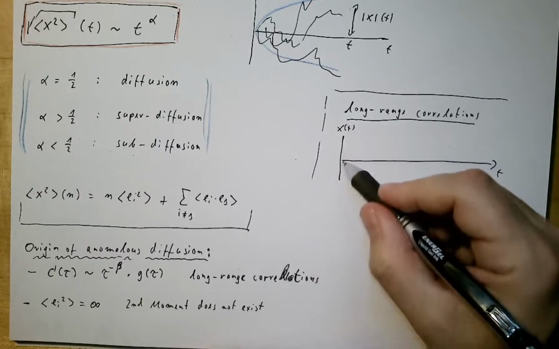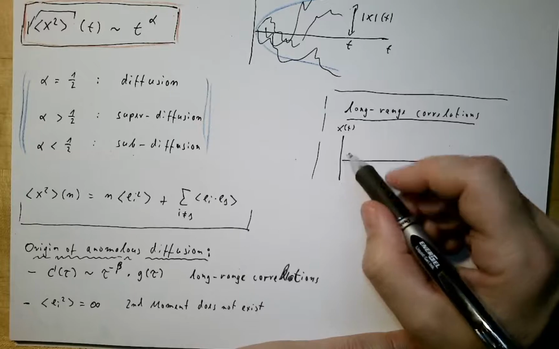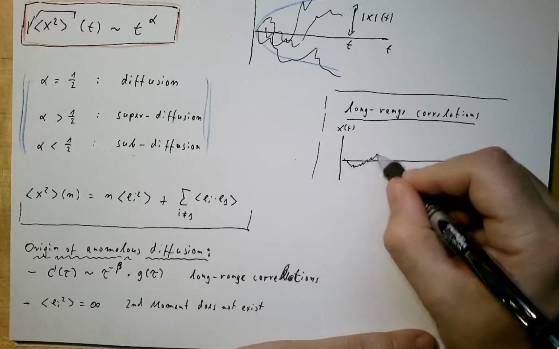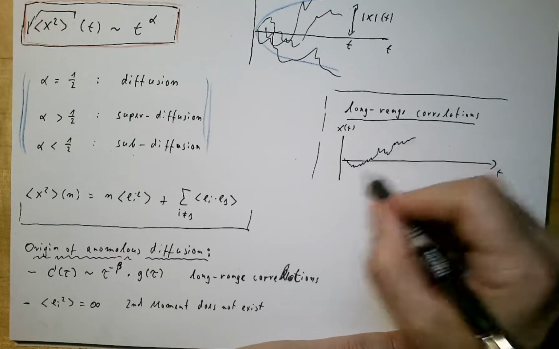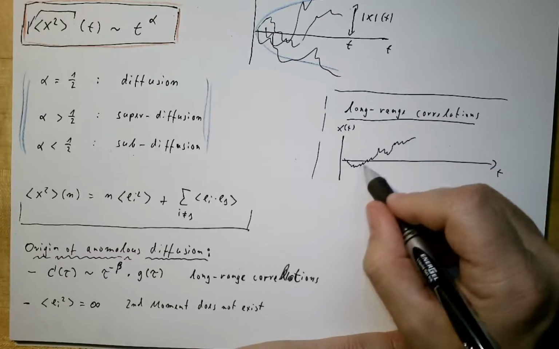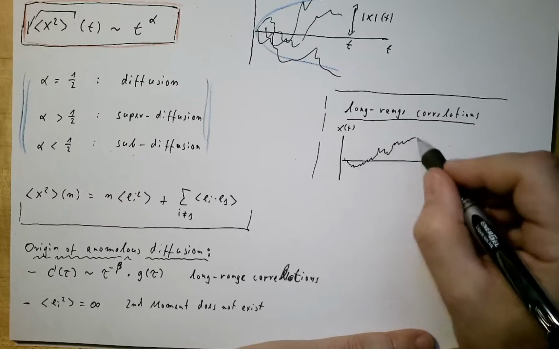We have this rough profile, but since the increments are correlated, there is a good chance that we have long stretches of time intervals of repetitions where the increments go in the same direction. So we have persistent intervals.